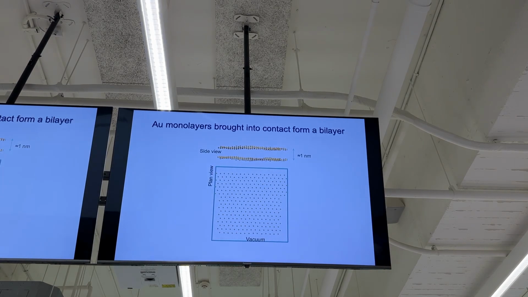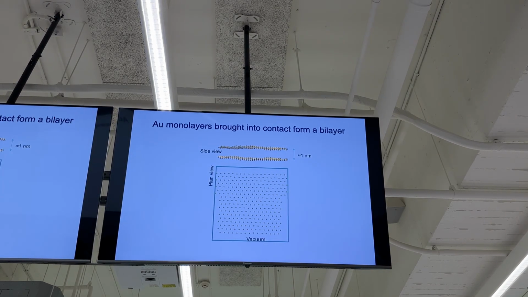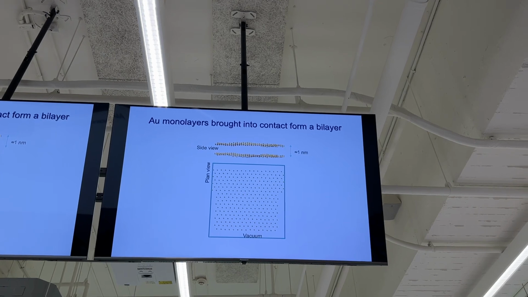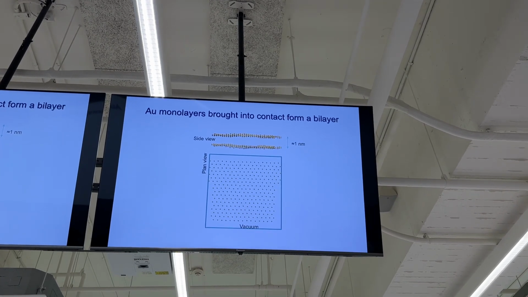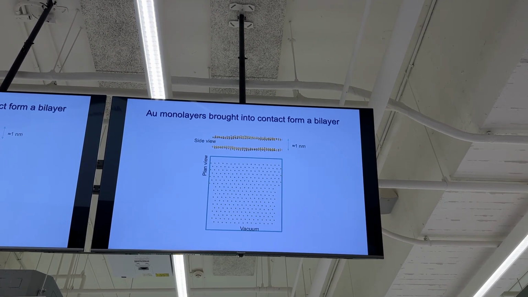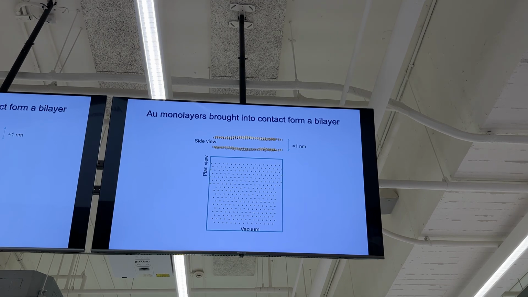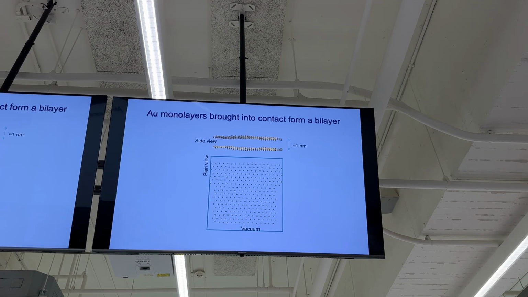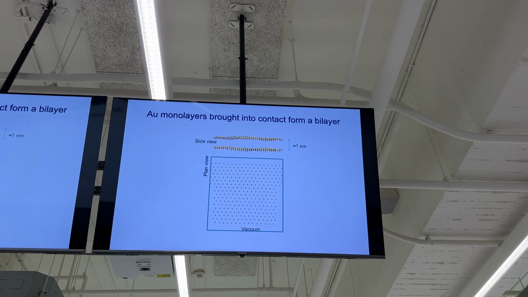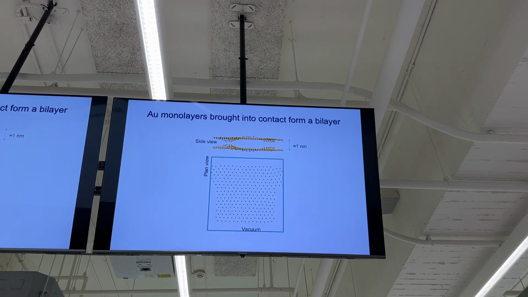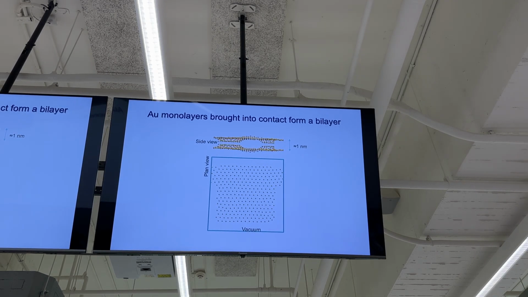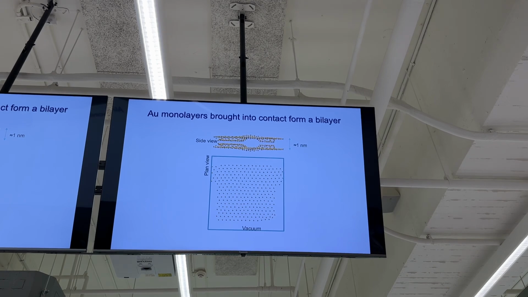For comparison, if you take two goldene layers, two monolayers, and you bring them into some proximity, this proximity is chosen to represent the proximity that they have as they emerge free during the etching. I run this simulation, and they attract each other and start forming a bilayer.